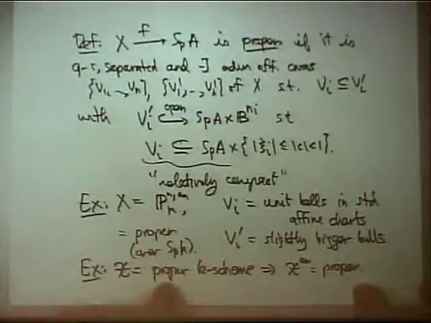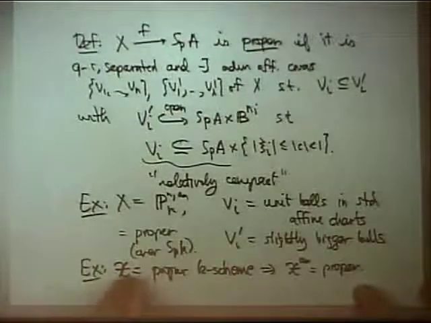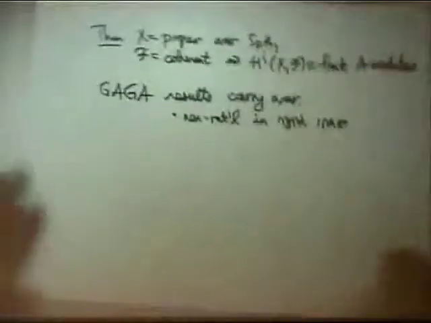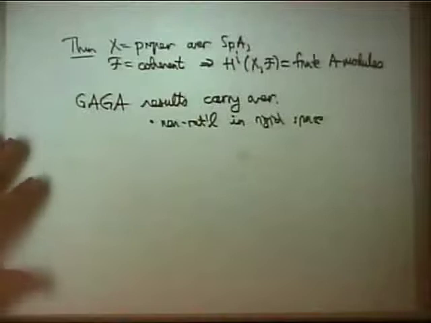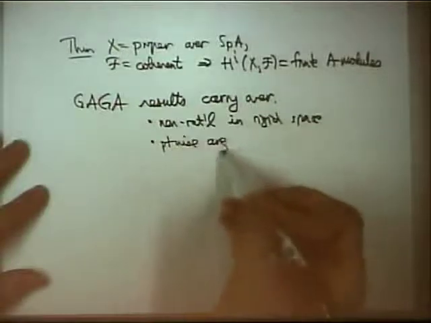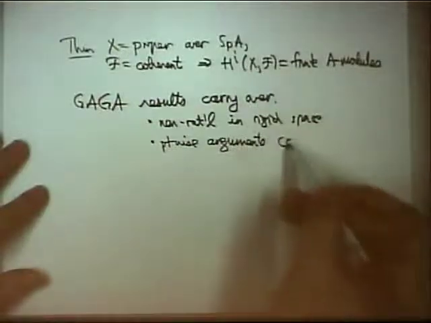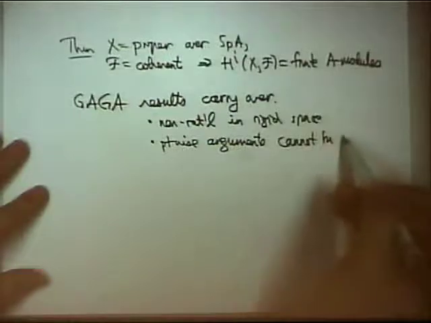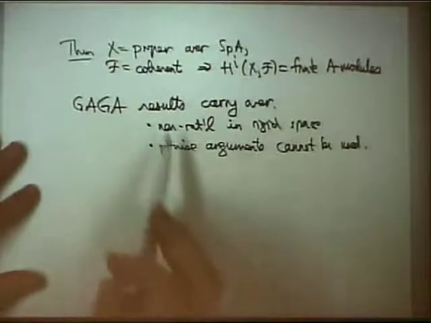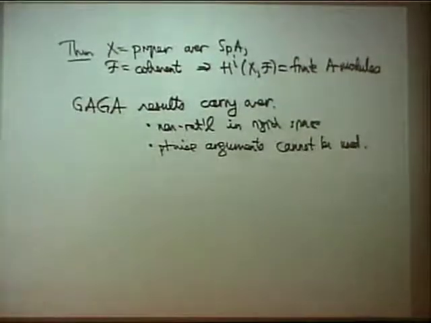And from this, you might now ask about relating maps between proper things, or cohomology of coherent sheaves here, cohomology of the analytification there. And in fact, it all works out quite nicely. So the GAGA-style results do carry over. The only difference is that because you might have non-rational points in the rigid space, and pointwise arguments can't be used in the rigid setting, if you look at Serre's proofs, you have to tweak them in a few places to get around these two issues that don't arise in the complex analytic case.